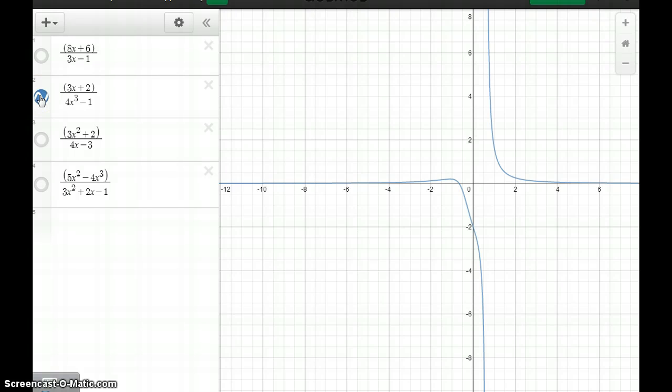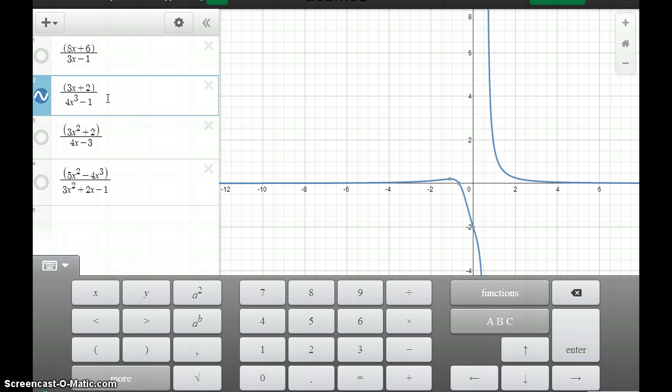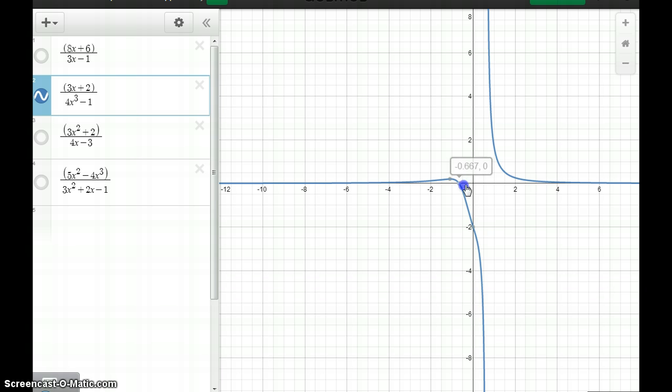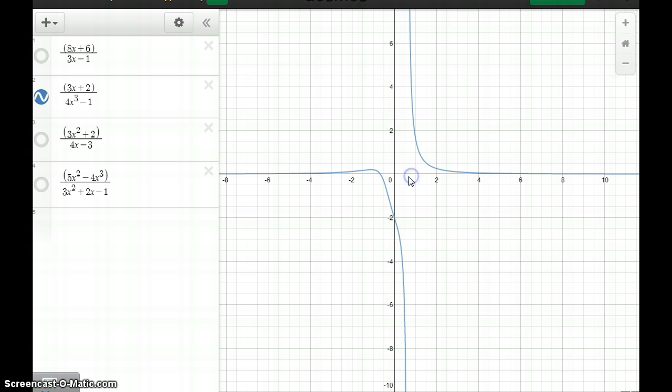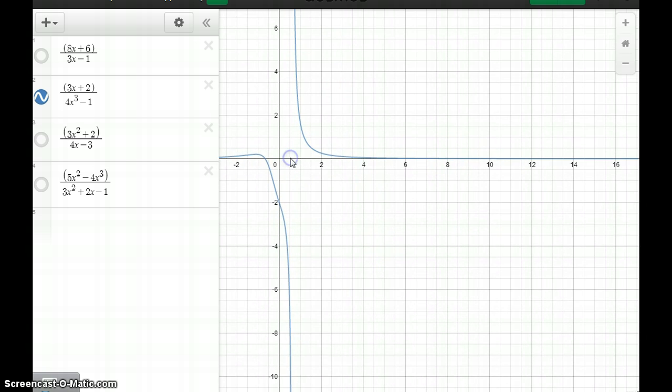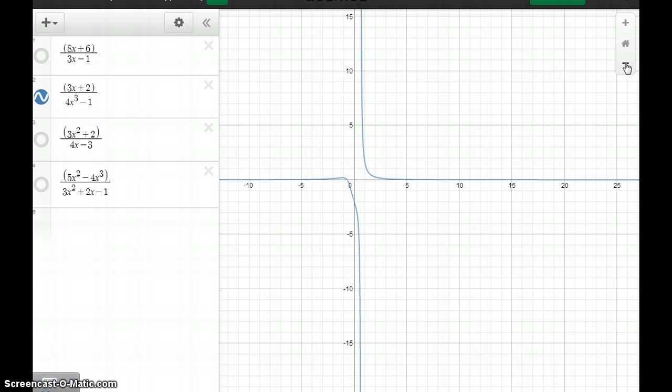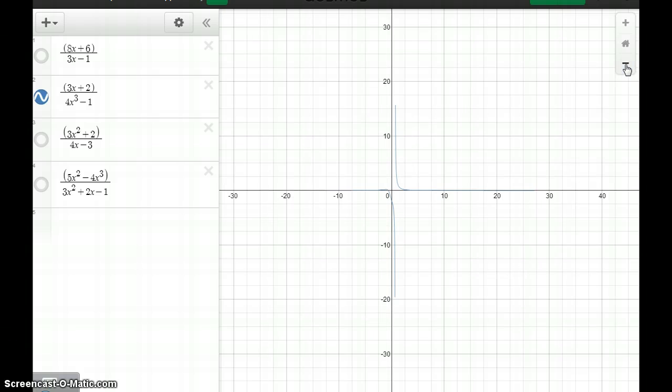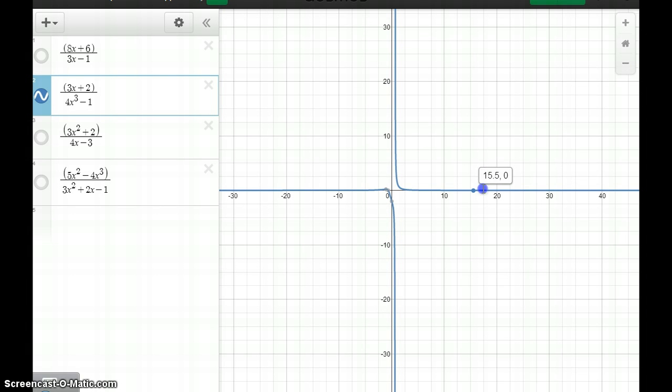This function right here that I just highlighted, that's what our equation was. We're talking about the limit as x values get really large, going towards positive infinity. So I'm just going to slide the graph over here, and I'm going to start zooming out. You can see the graph. What we're looking at is the y values as the x values go towards infinity, as they get really large.